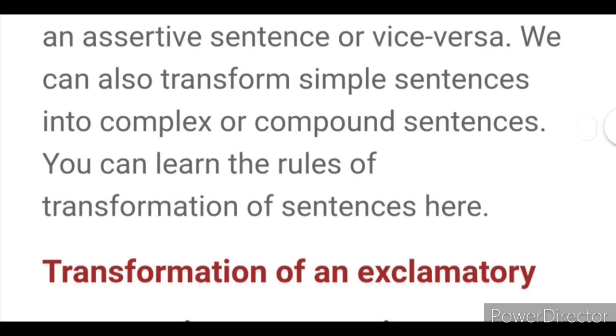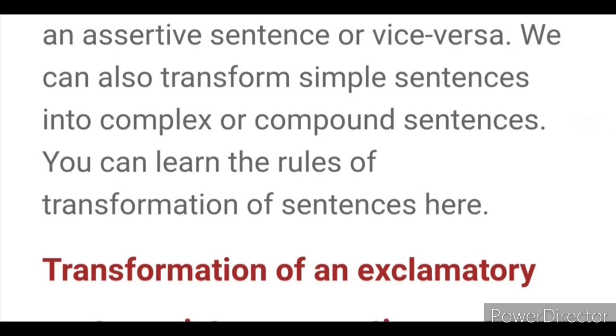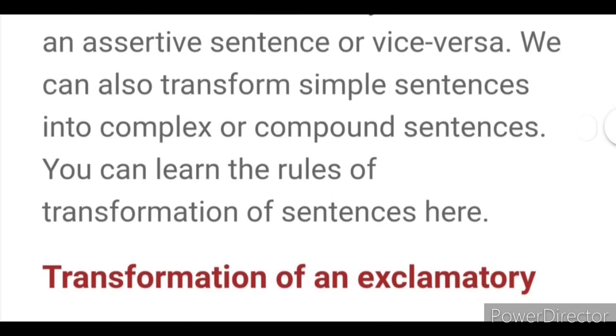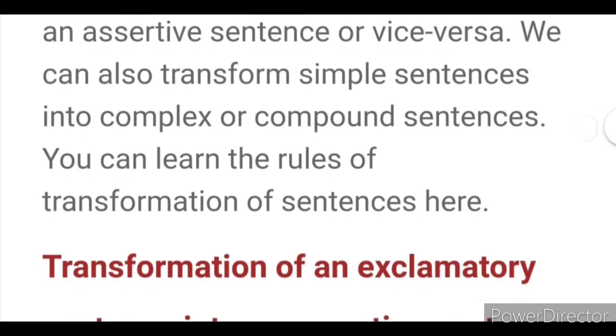Now remember, assertive sentence is generally of two types. One is affirmative sentence, the other is negative sentence. So it can change into any form. From exclamatory, it can either change into affirmative or into negative. Negative means a sentence which makes use of no, not, none. These words, no, not, or none, are used generally in a negative sentence, and in an affirmative sentence, no, not, or none are not used.